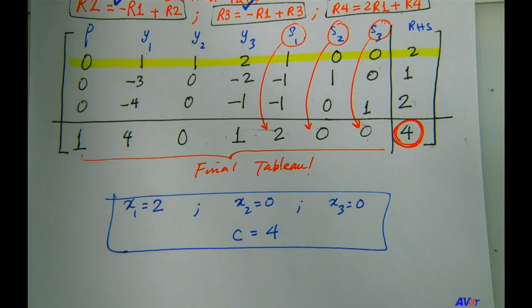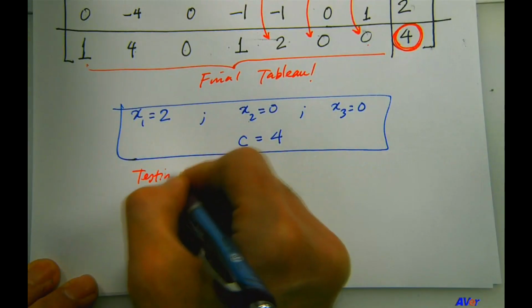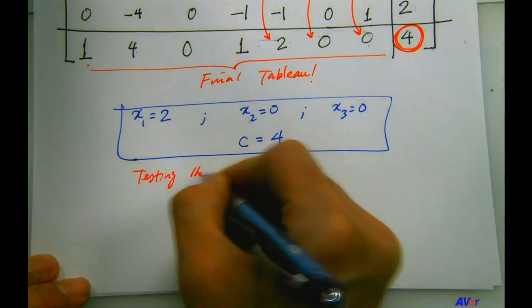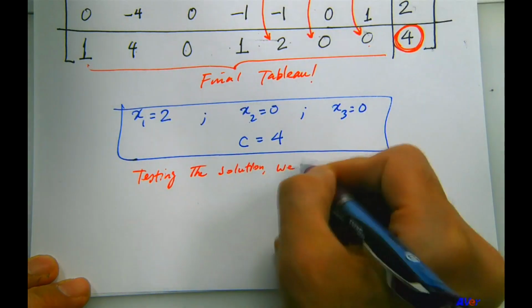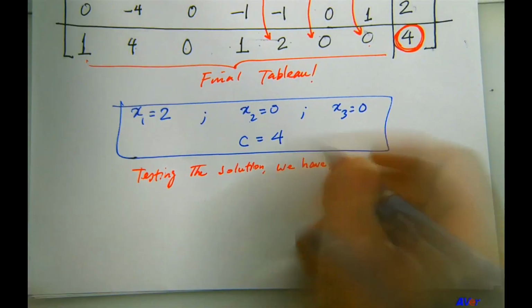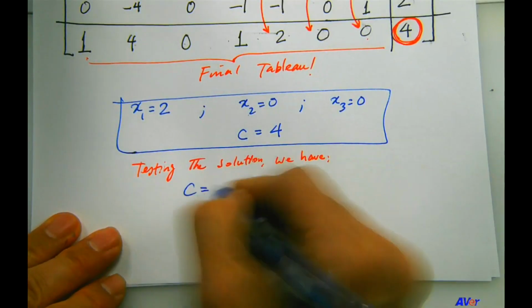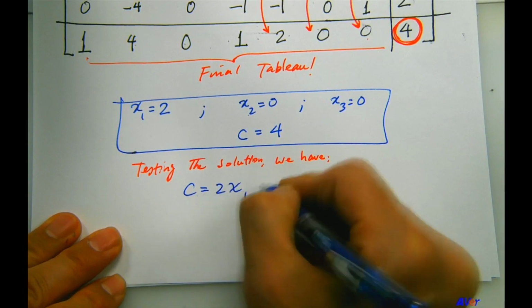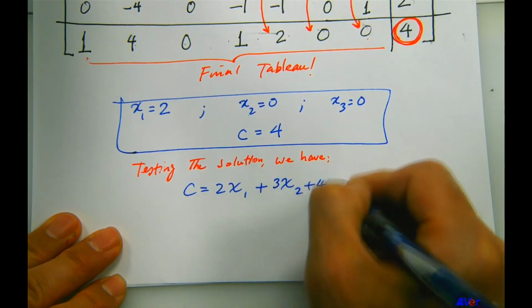So let us remind ourselves what the objective function was. Testing the solution we have, the original objective function was c equals 2x1 plus 3x2 plus 4x3.